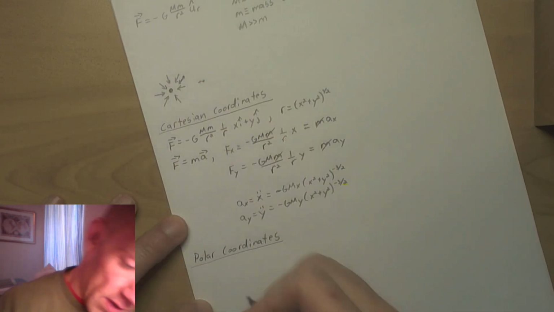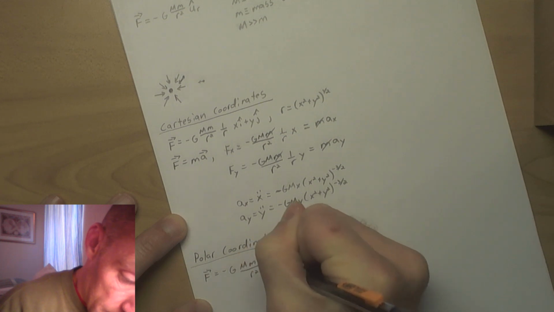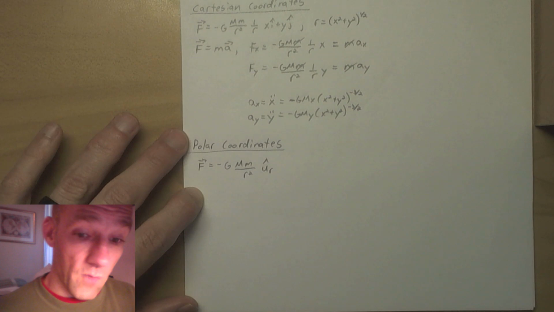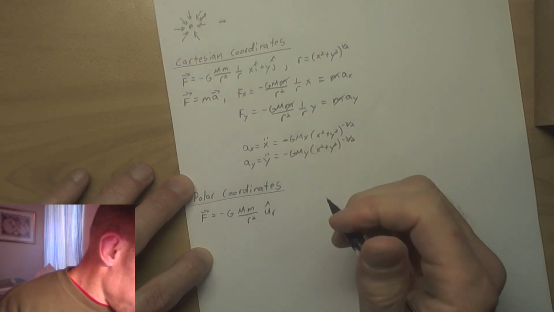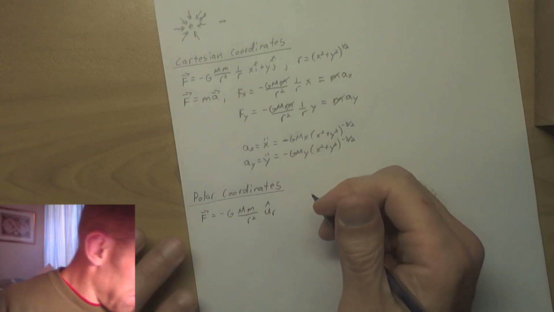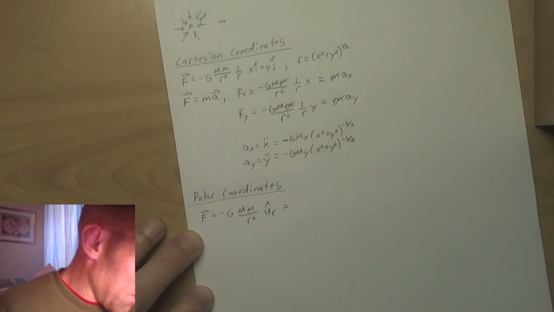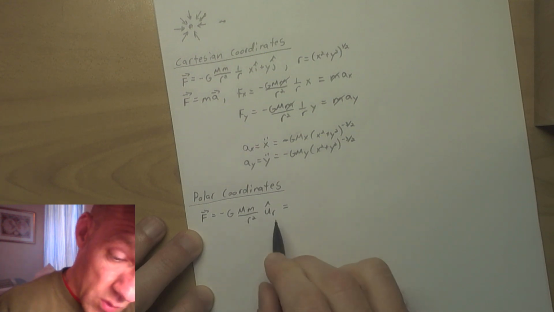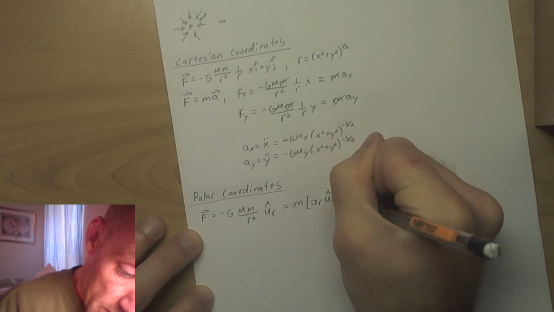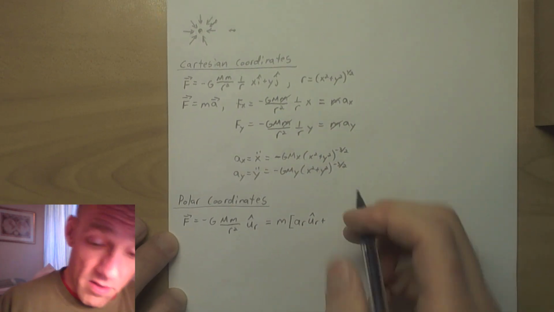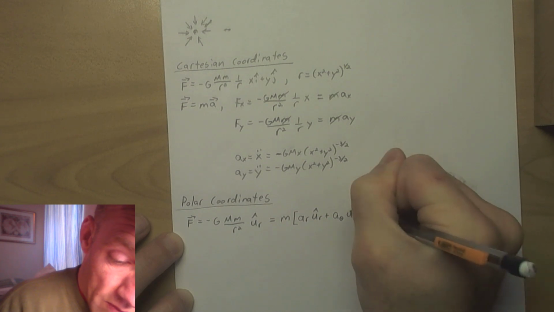All right, and in this case, we've already written the force, and so the force is equal to the mass times the acceleration, and the acceleration is given by a radial component times the radial basis vector plus the theta component times the theta basis vector.